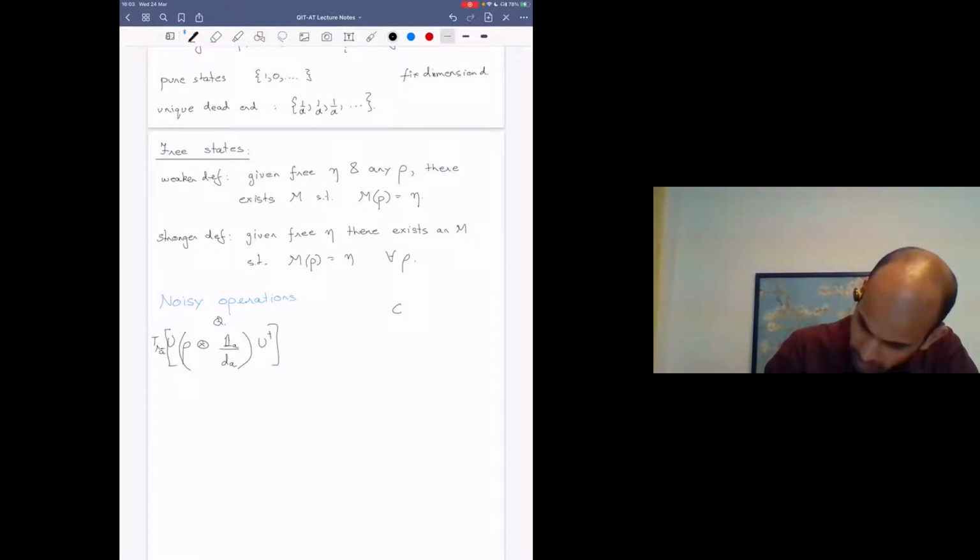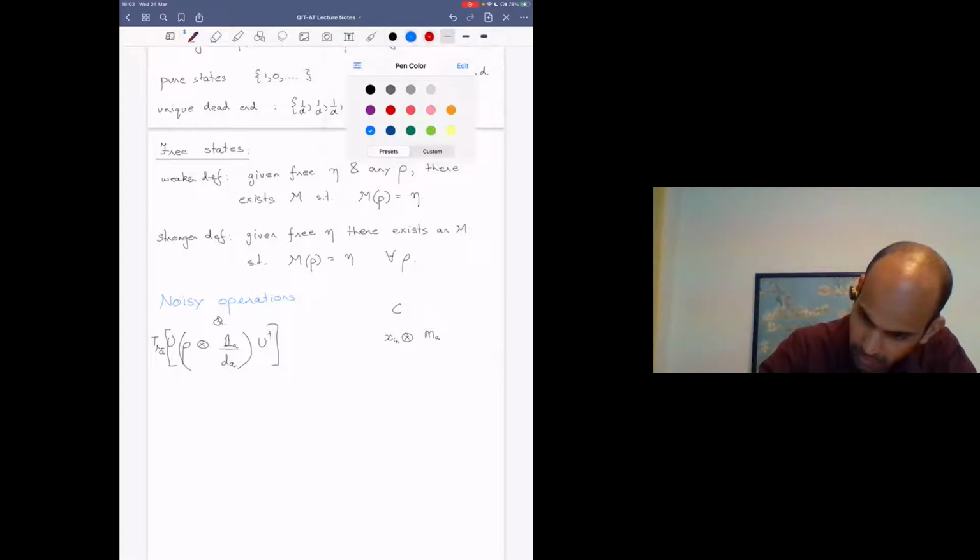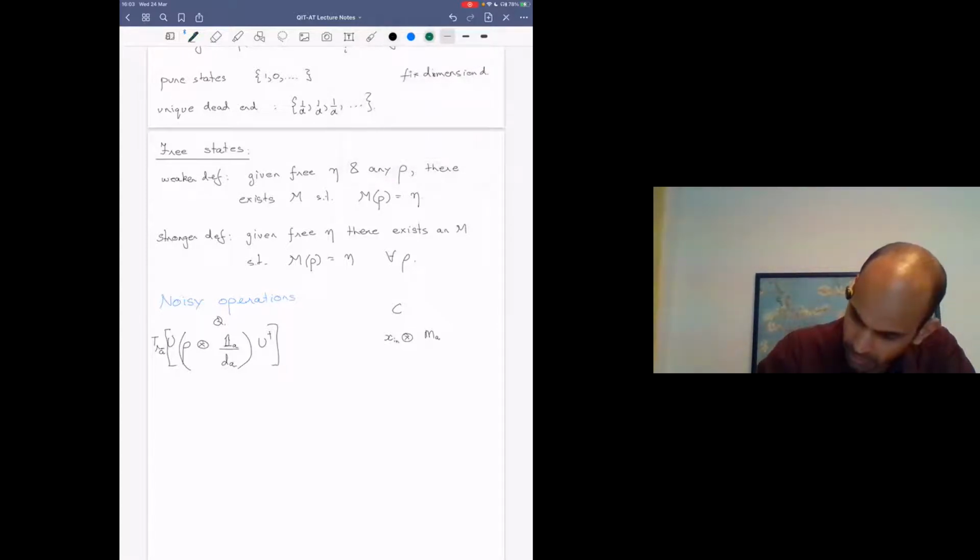In the classical case, you have vectors. So you take an X input, you tensor it with, I'm going to call it MA, and M for reference will always refer to the uniform distribution.